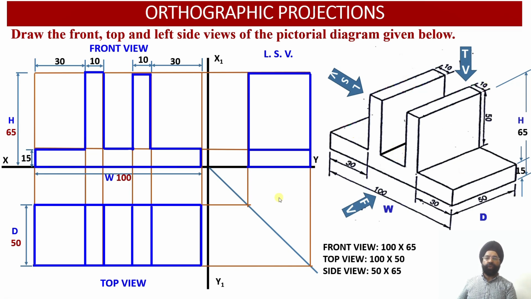Similarly, I have also removed the depth and height from the side view, because depth was marked over here, and height was already marked over here. And then I have also removed the faces from the original solid, so that we can have a better correlation between the isometric projection of the solid and its orthographic projections, right?